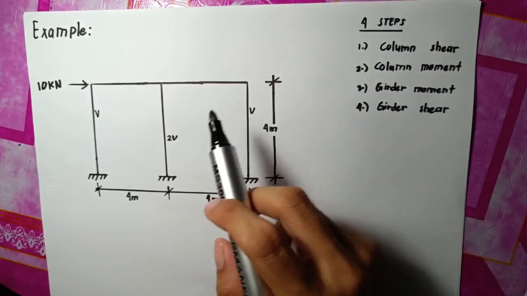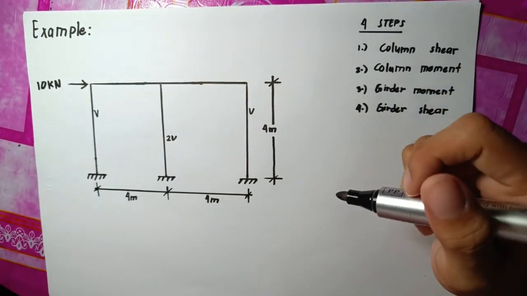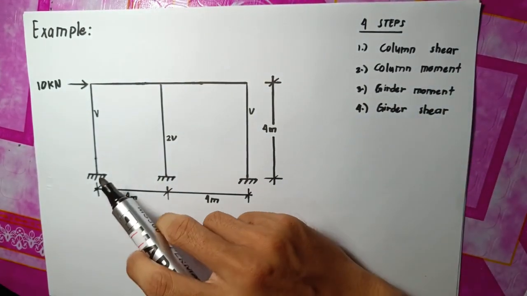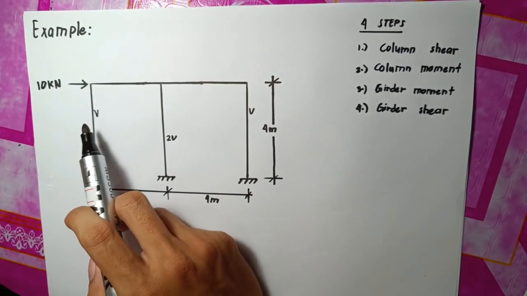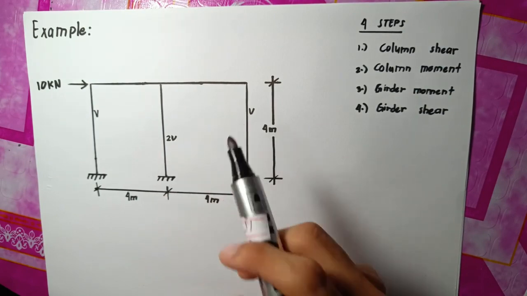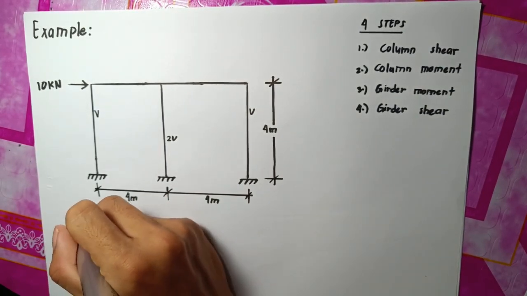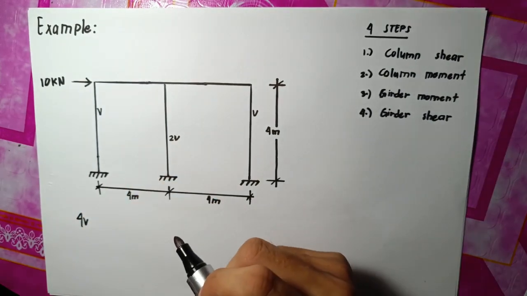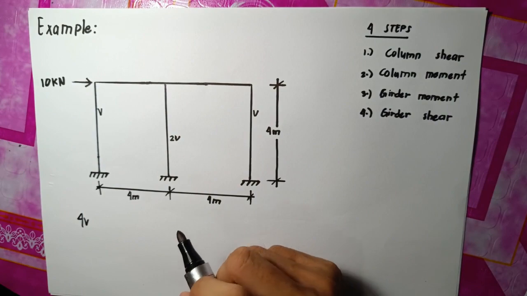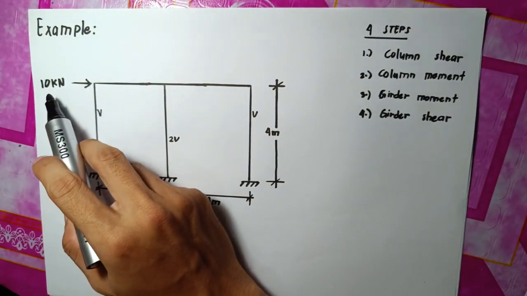So we must first get the column shear. So we must add the shears. So 1, 2, 3, 4. So 4 shears. And we have our load, horizontal load is 10 kN.